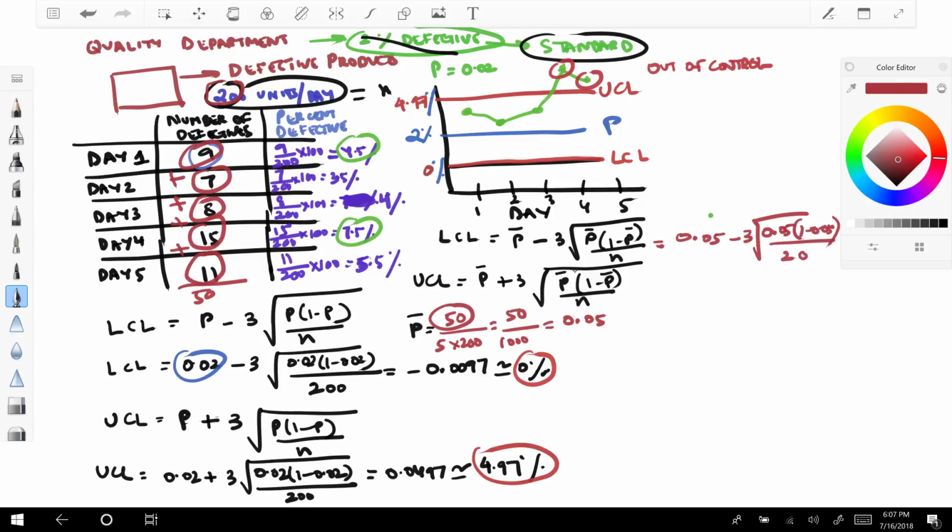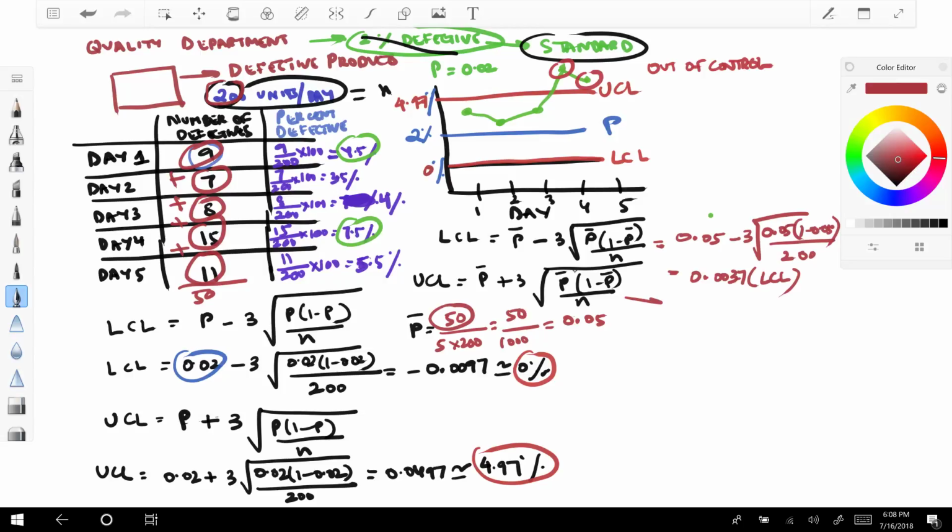So we are going to get the lower control limit as 0.0037. So this is our lower control limit.